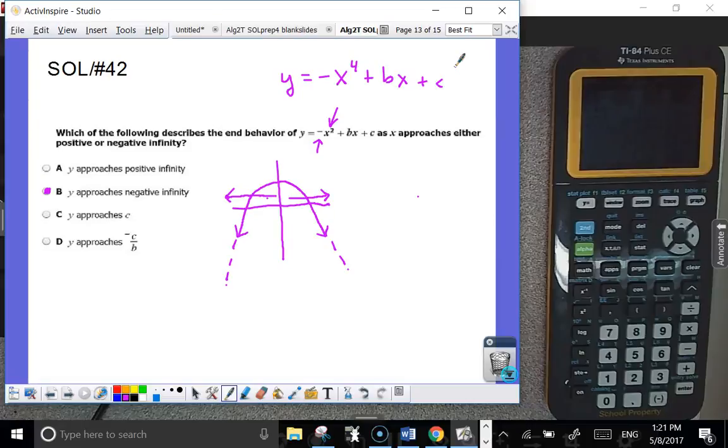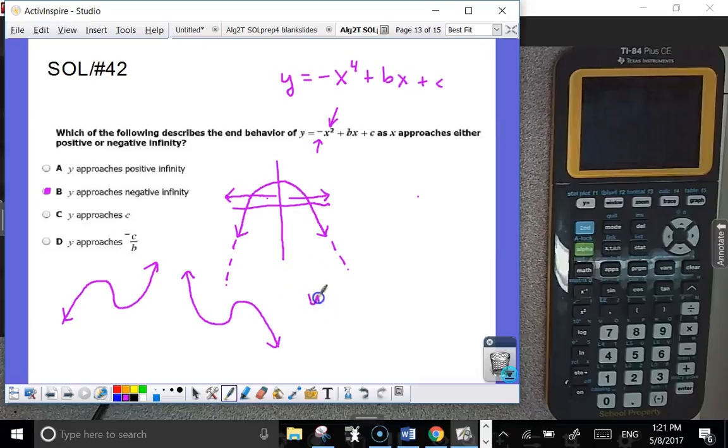And all the odd degree polynomials have their own, right? Easiest to see if you look at a cubic. A cubic wouldn't have the same end behavior on the right or the left.